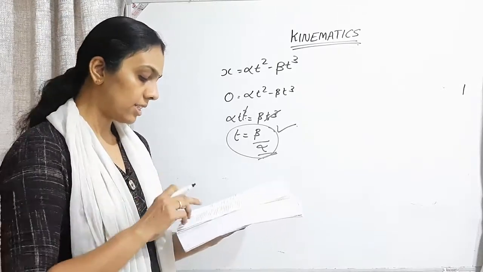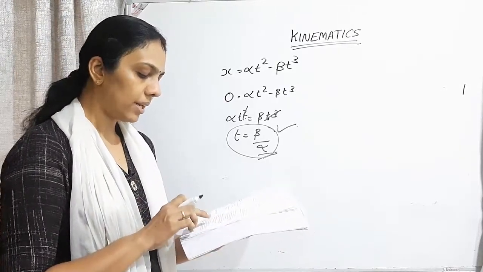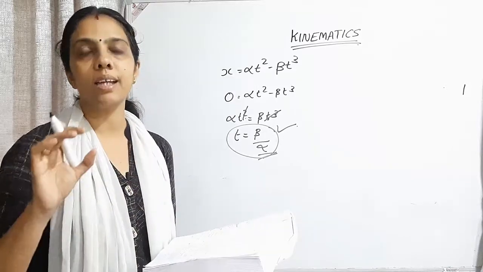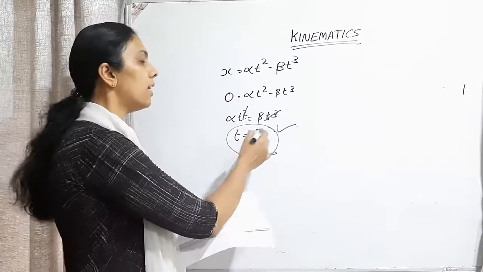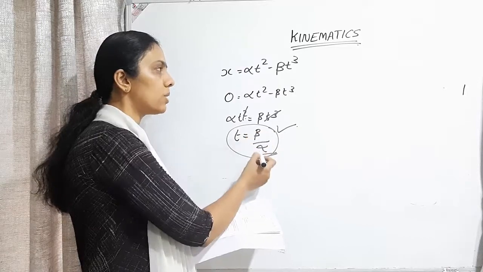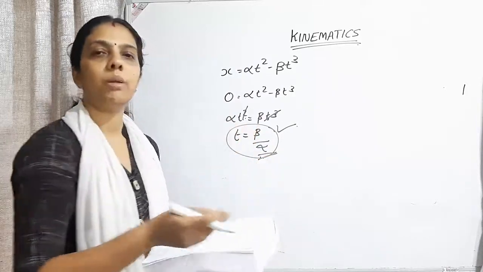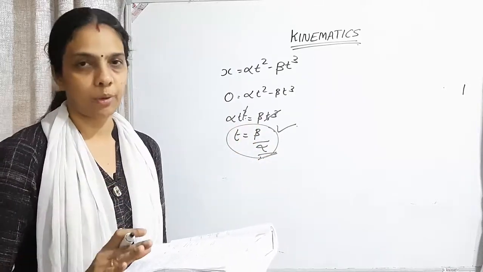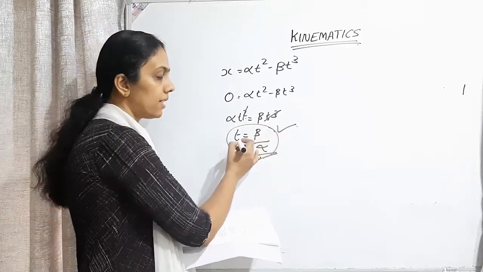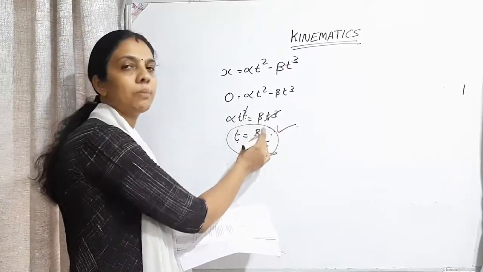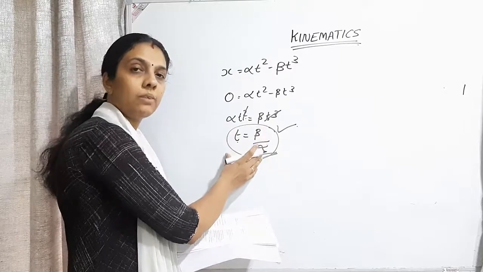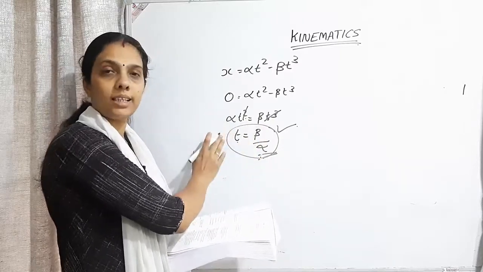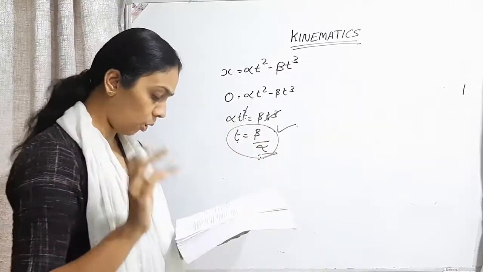Choose the incorrect statement. Here the particle will never return to its starting point. So at time t equals beta by alpha, the particle will be coming back to its starting point. So that is the wrong statement, that is an incorrect option.